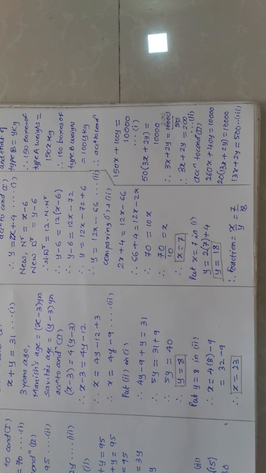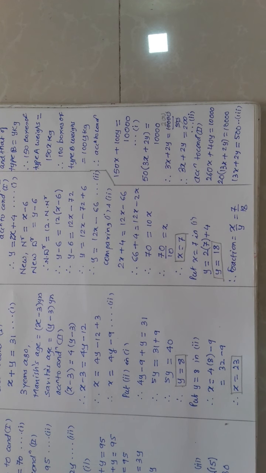If I add them at this stage, they are not going to eliminate anything. But if I subtract, I can eliminate it easily. That is, I will subtract equation number 2 from equation number 3. That is 13x plus 2y is equal to 500, and from that I will subtract 3x plus 2y is equal to 200. I would like you to keep this as your assignment and get the weight of each type of box.